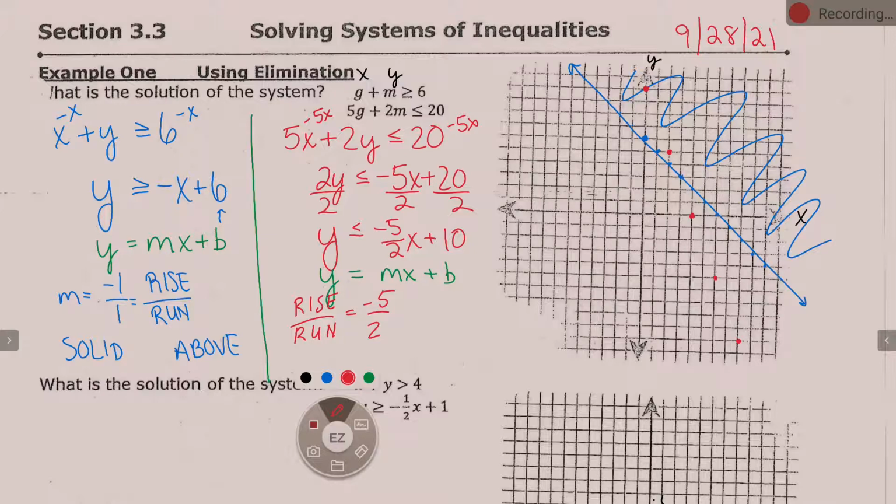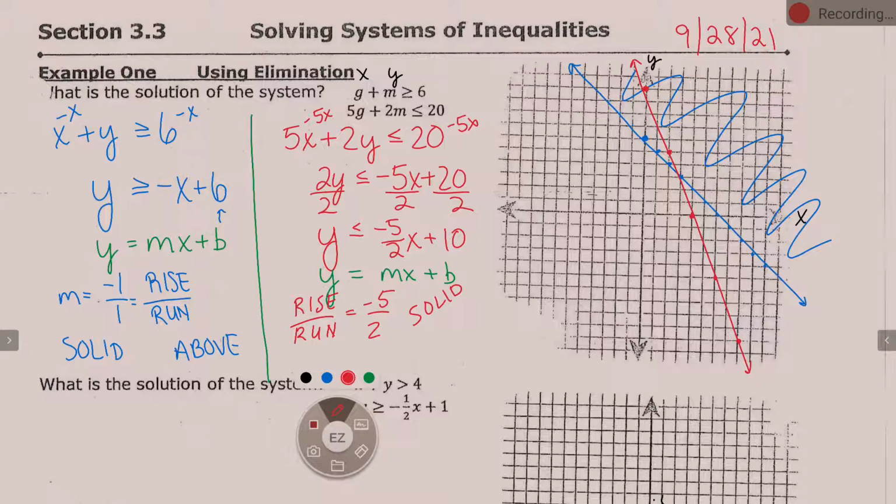Questions to ask yourself. Is it a solid or a dashed line? Why is it solid? Because again, it's equal to. When it's equal to, it's a solid line. Okay, solid line.